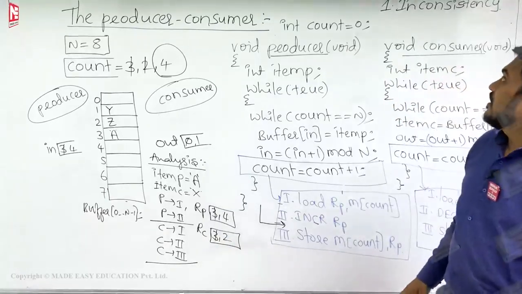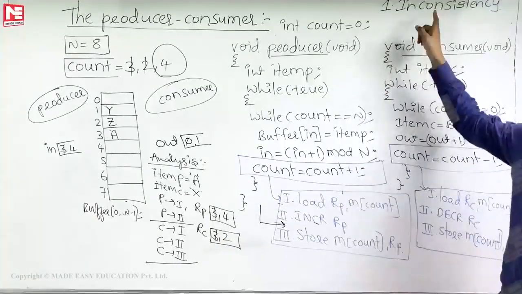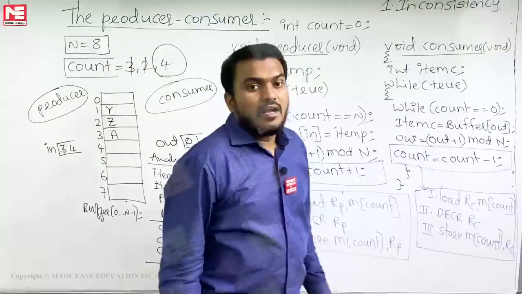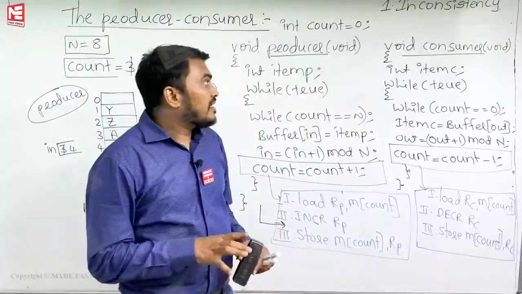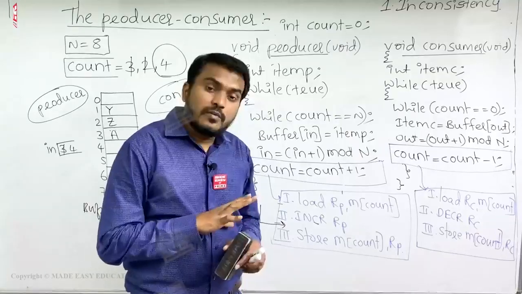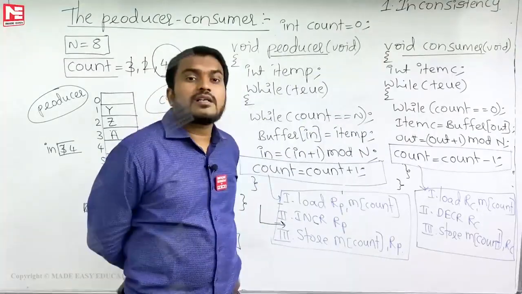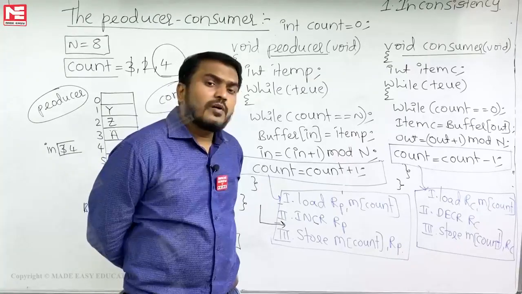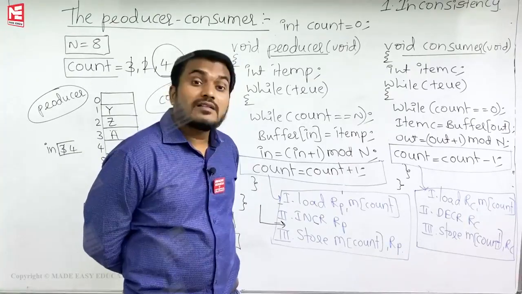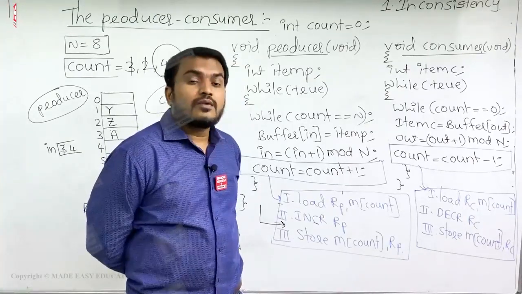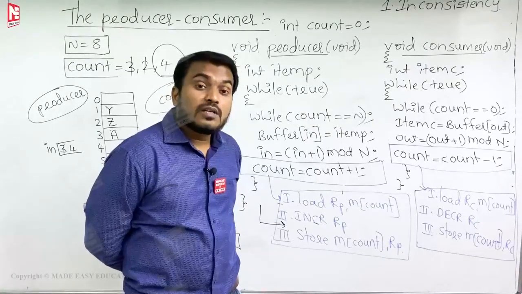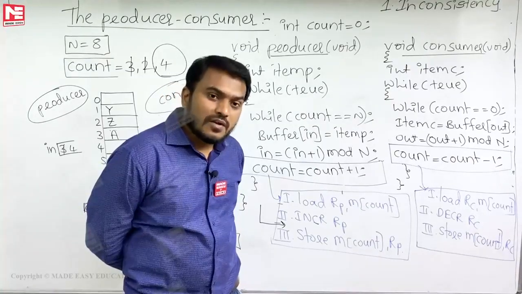Hence it is leading to the problem of what? Inconsistency. Producer and consumer are not properly synchronized, and that is the reason it is leading to the problem of inconsistency. So this problem is called inconsistency, and this is the first problem we are going to face if we don't have proper synchronization.